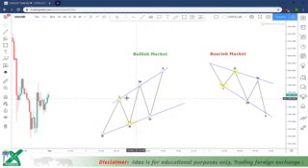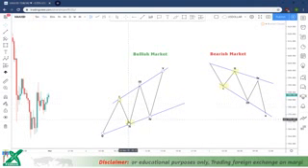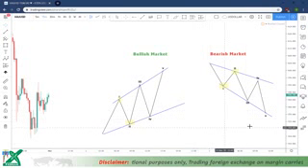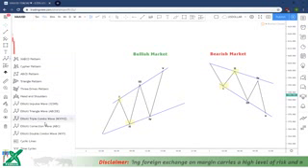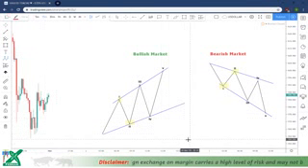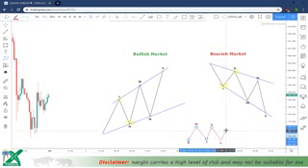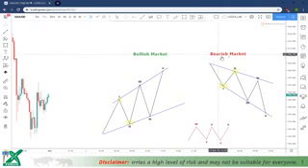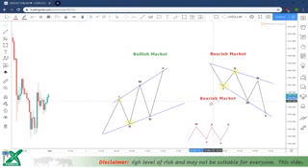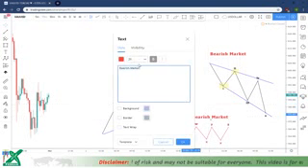The third type of move is called consolidation. Consolidation contains moves within a range. I will give you just an idea. This is a consolidative market. This is a consolidation, which is called a range market.